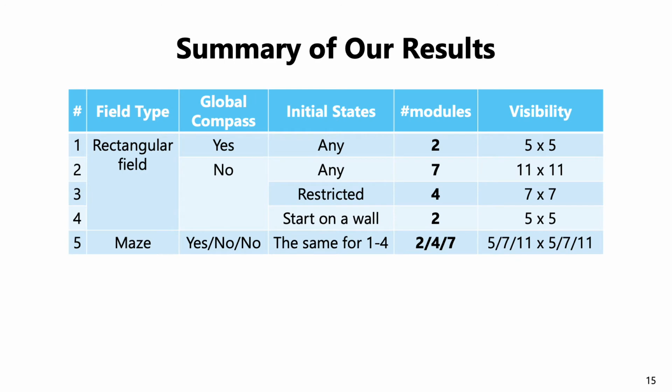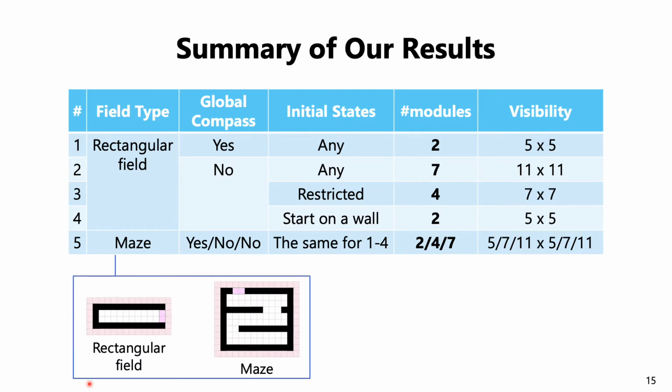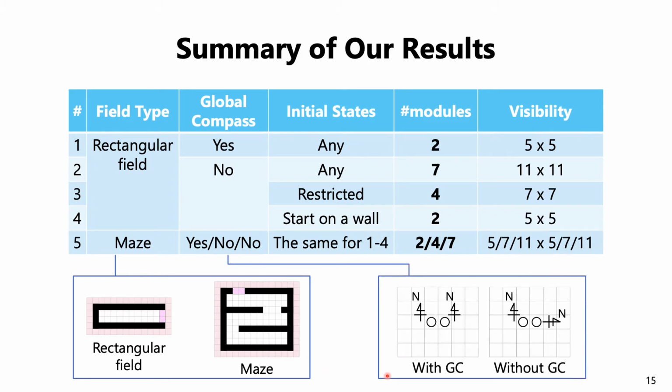This is the summary of our results. We categorize the results by field types, the existence of a global compass, and assumptions on initial states. We consider 2 types of field, that is, rectangular field and maze. A global compass is a special device for modules, and it tells the module which direction is north.